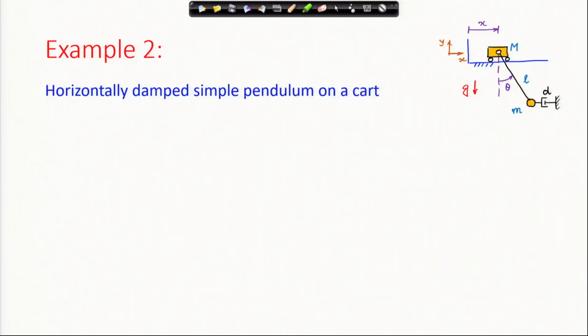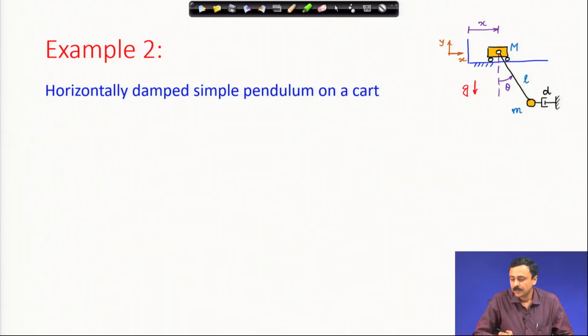We move to the next example. Here we have a pendulum on a cart, and the bob of the pendulum is connected to a viscous dashpot.